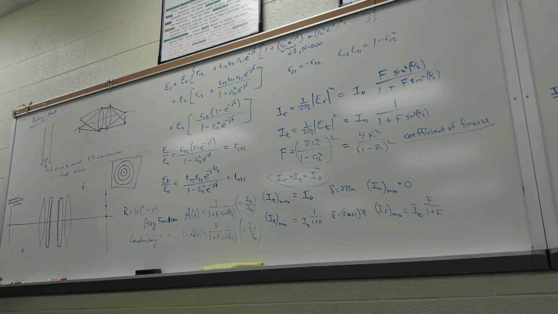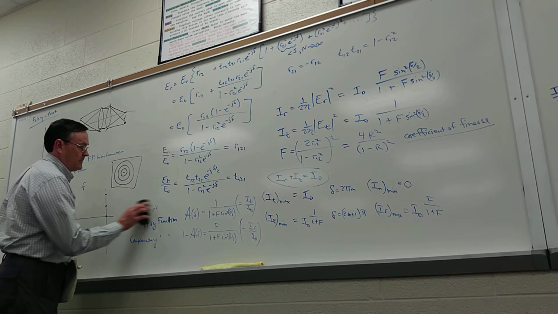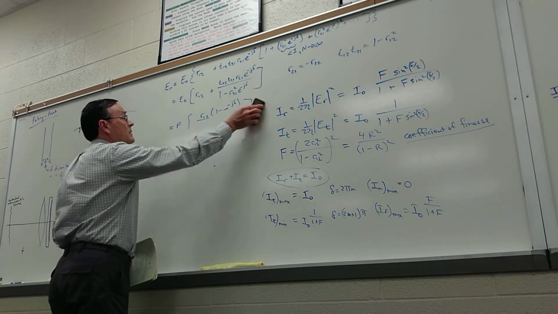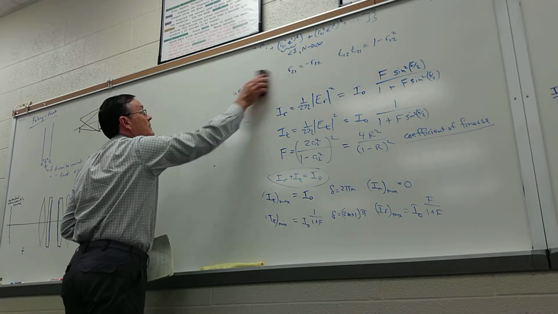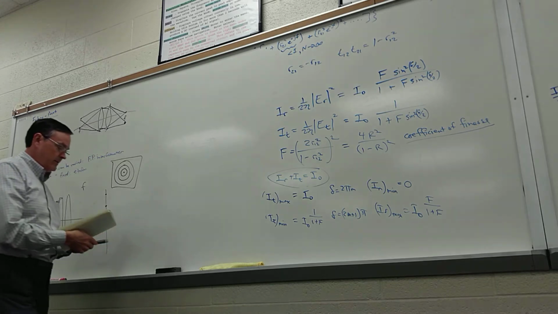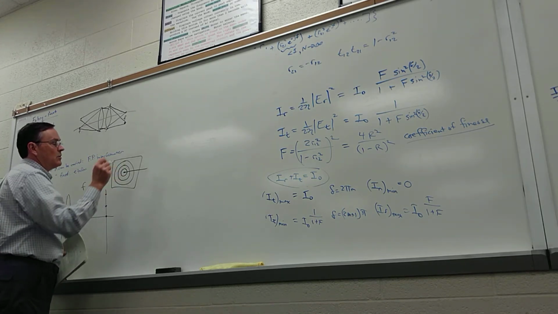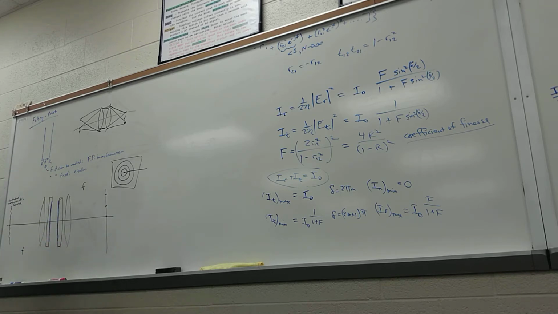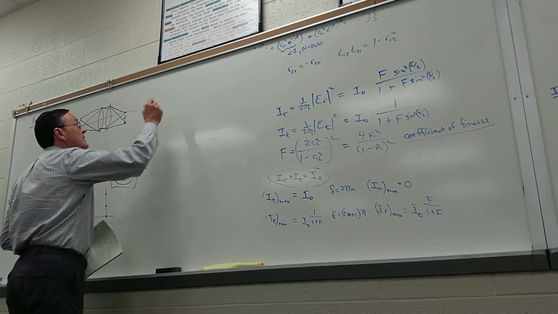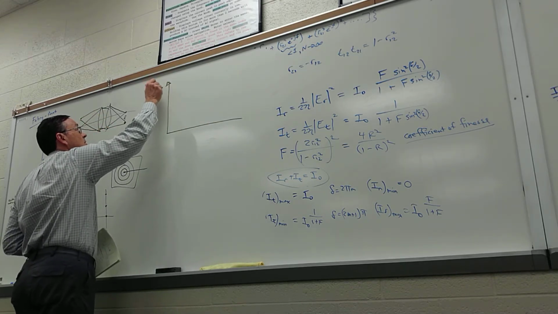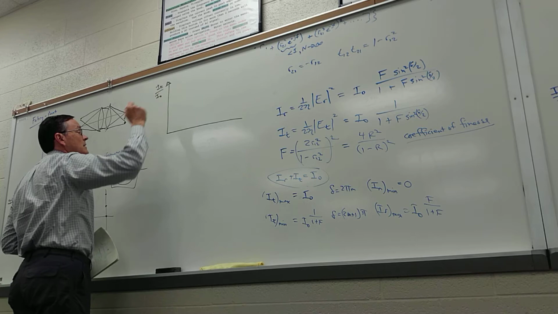At this point, what we want to do is start here and go in some radial direction and plot I_T over I_0.